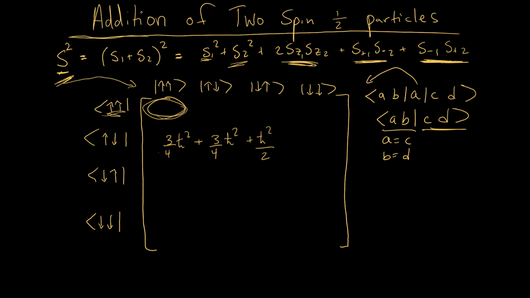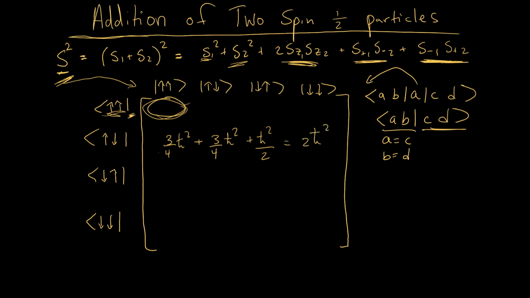But even if it didn't, and it just changed one or both of these arrows to down, it'll never be able to produce a non-zero value when we apply this bra after, so we don't have to worry about it. So in this case, we can just add up these terms. We've got 6/4 plus 2/4. Did I do that? Sorry. Yes, that's right. So 6/4 plus 1/2 is just going to give you 2 h bar squared.